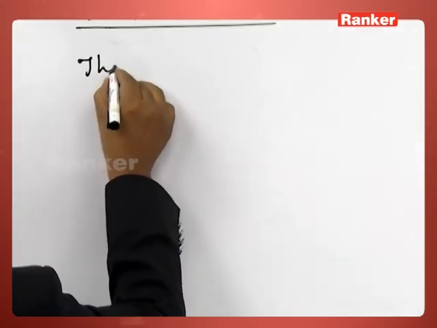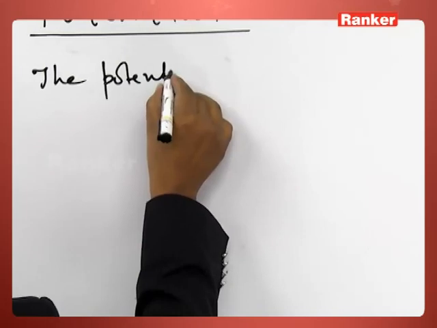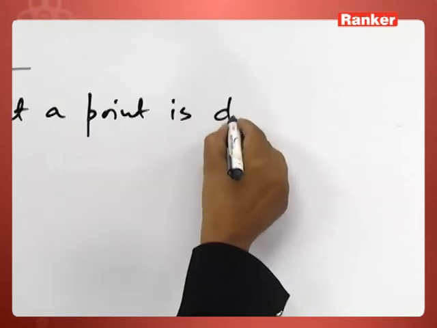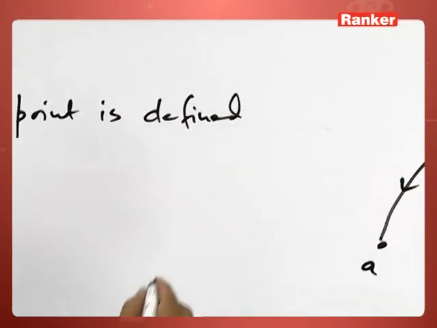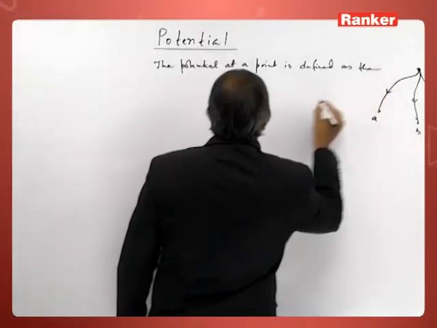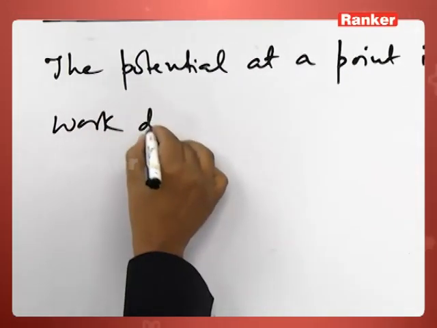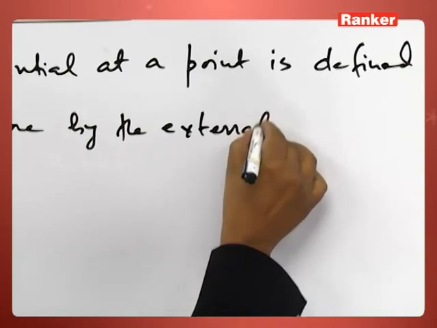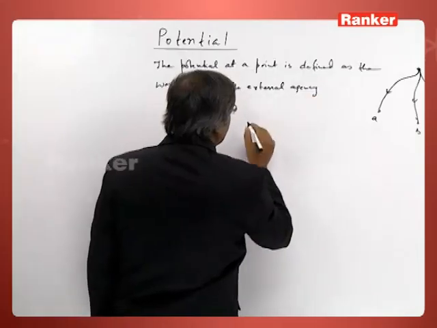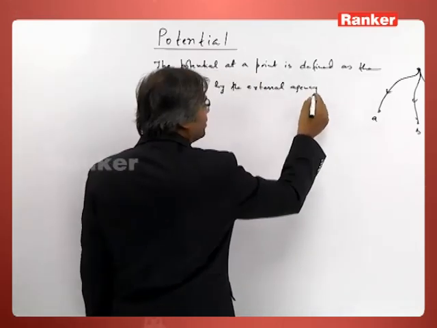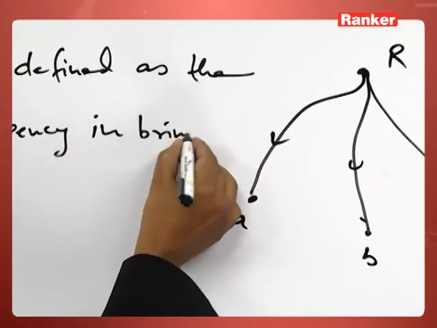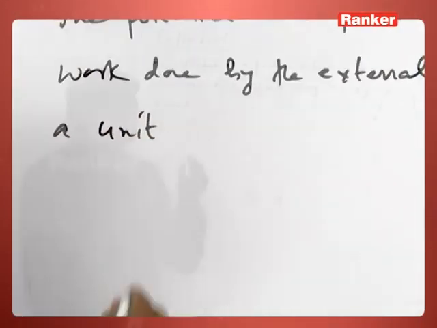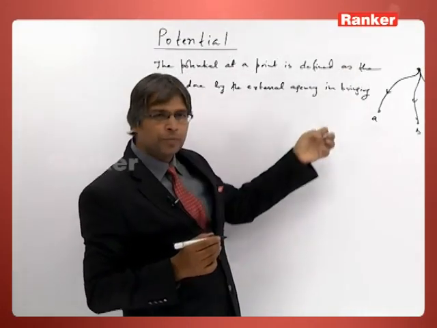So let us see how we define potential. The potential at a point is defined as the work done by the external agency in bringing a unit entity. If the field is gravitational field, I need to bring mass.